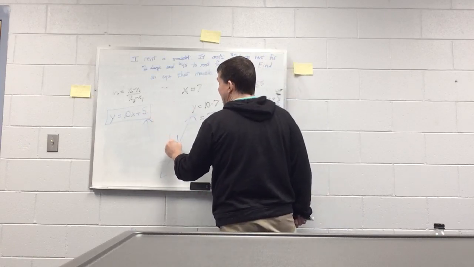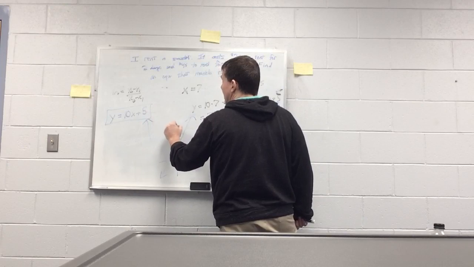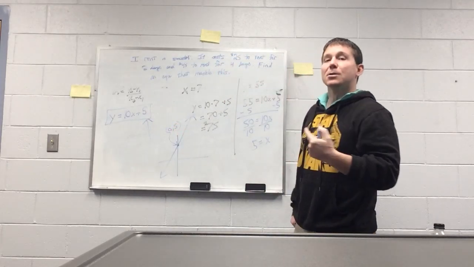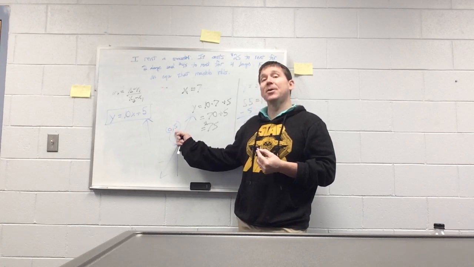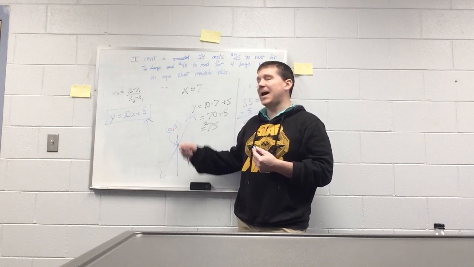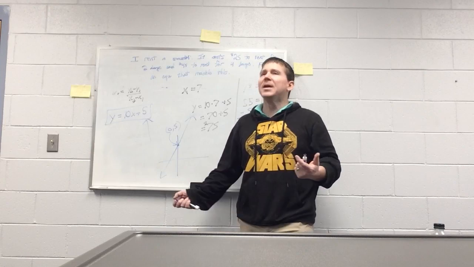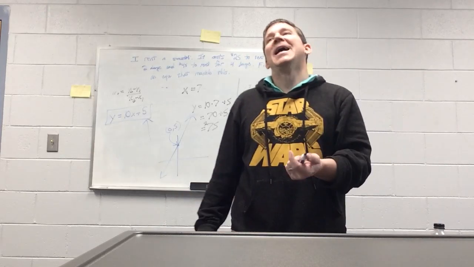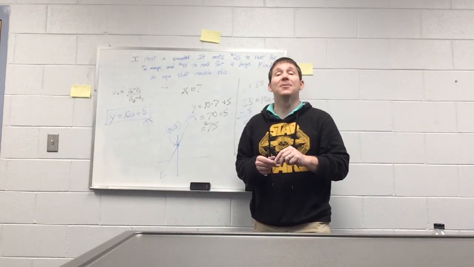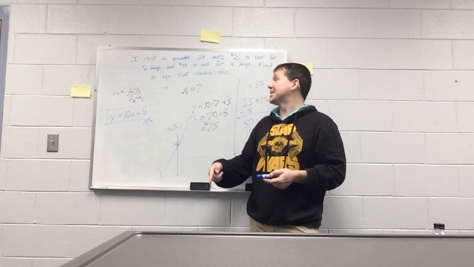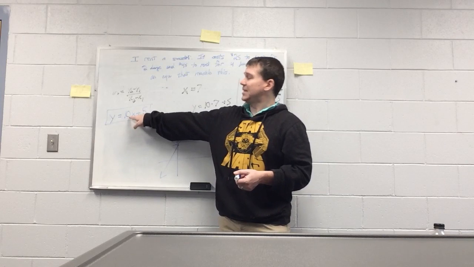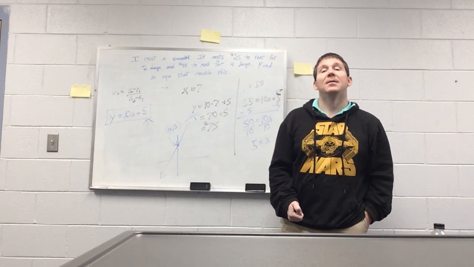That intercept right there is the point (0, 5). So what does that mean? That means I rented it for 0 days and it costs $5. Which really just means what? That's like the cost you have to pay to rent it. You pay $5 to rent the scooter, and then it's an additional $10 per day.